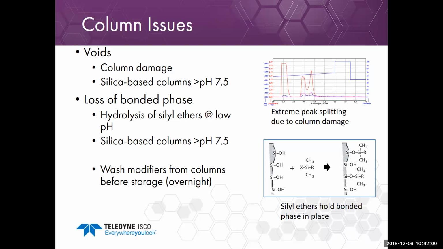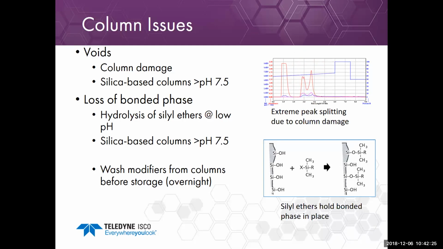If you run a silica-based column above pH 7.5 or 8, you can sometimes dissolve the silica and create a void. And over here, believe it or not, this is just one compound, but the column was damaged so badly that it looks almost like 3 peaks in there.